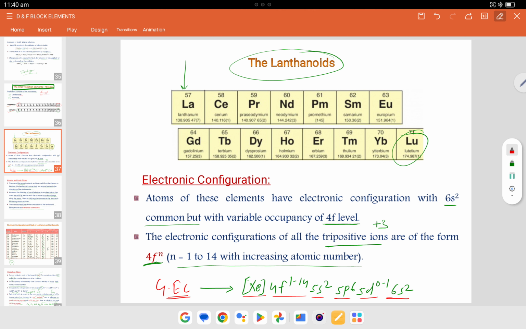Atoms of these elements have a 6s2 configuration in common, but variable occupancy of the 4f level. The electronic configuration of all tripositive (+3) ions is of the form 4fn, where n is 1 to 14.